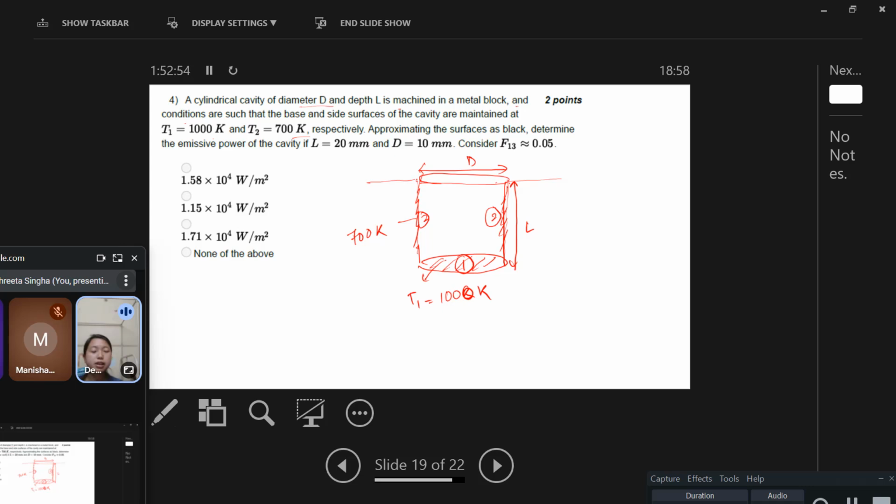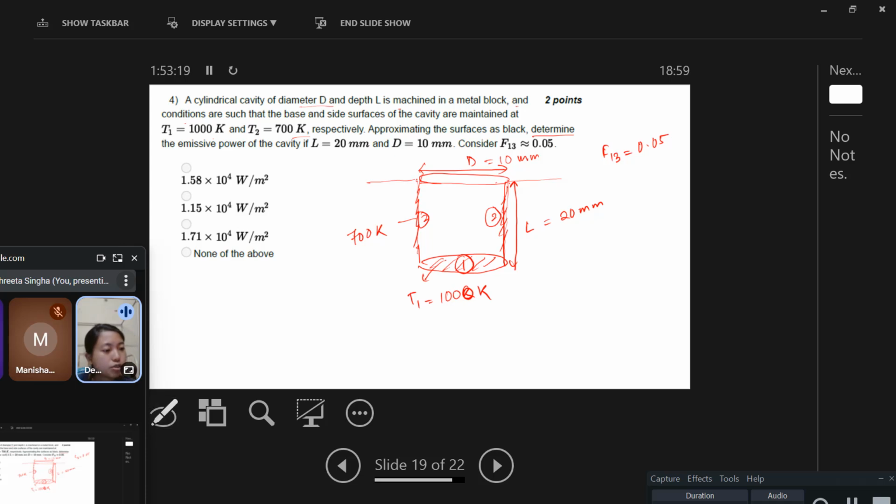Approximating the surfaces as black, determine the emissive power of the cavity. L is given as 20 millimeter, D is given as 10 millimeter, and F13 is given as 0.05.